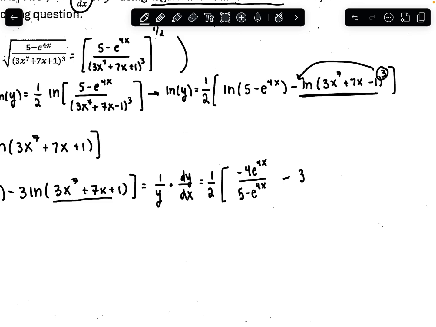So we have a 3 out in front, so 3 times this derivative. The derivative of our polynomial will give us 21x to the 6th plus 7 divided by the original.